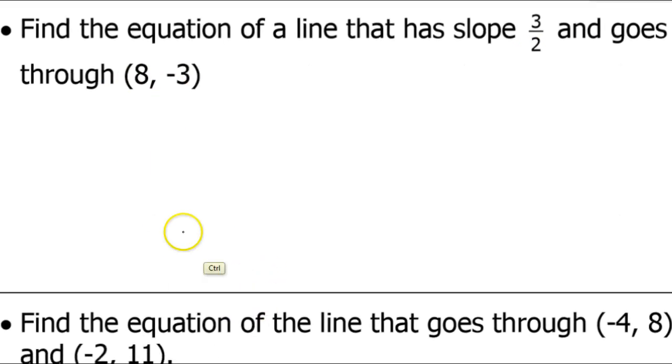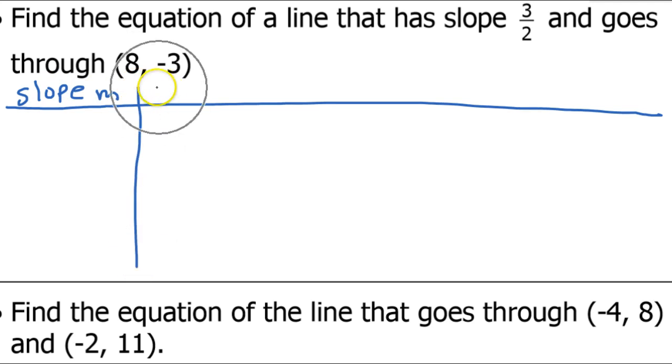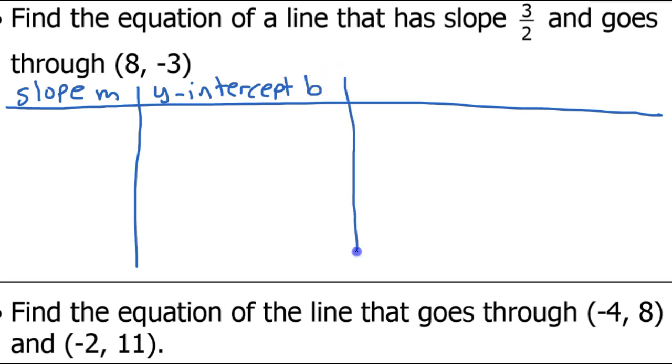For almost all of these problems, I'm going to make the following chart. I'm going to write slope m, that'll be the first column. Y-intercept b, that'll be the second column.